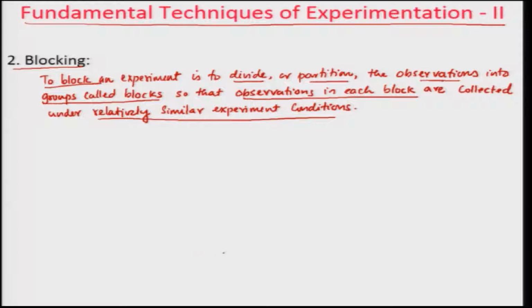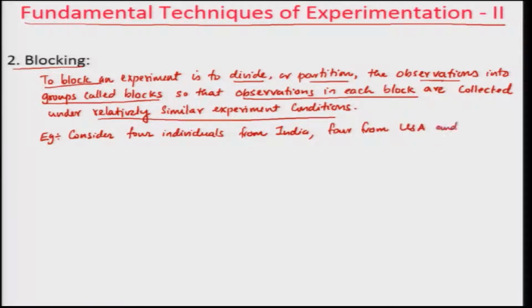A classic example of this is to consider 4 individuals from India, 4 from USA and 4 from Japan. In all these cases we are giving them the BP drug that we discussed about.